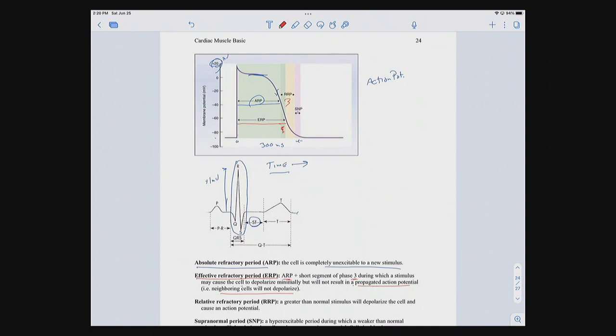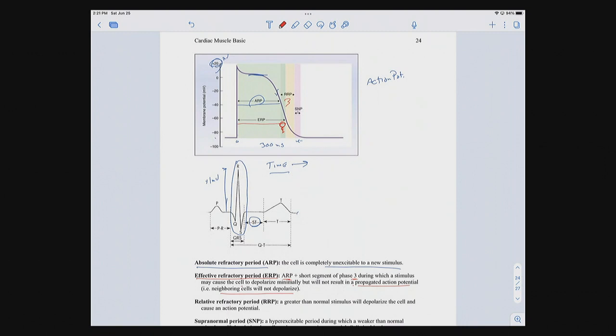So I just want to make sure that we're clear. The effective refractory period is simply a period of the depolarization phase of the cardiomyocyte where even if you could kick off another depolarizing event in this darker green, it won't be enough to where you can start the chain of events going from cardiomyocyte to cardiomyocyte.